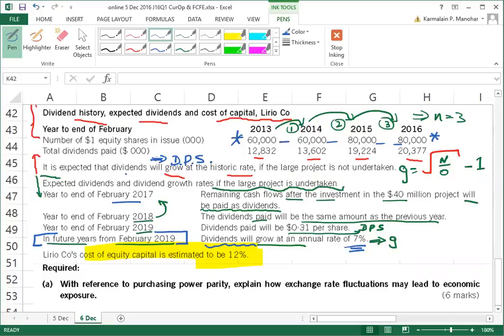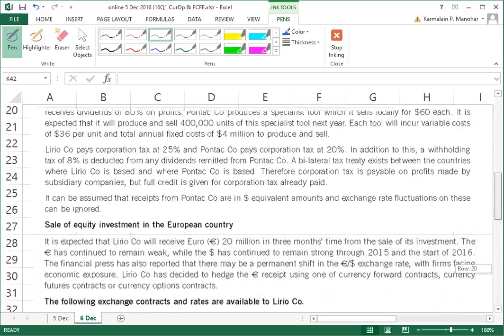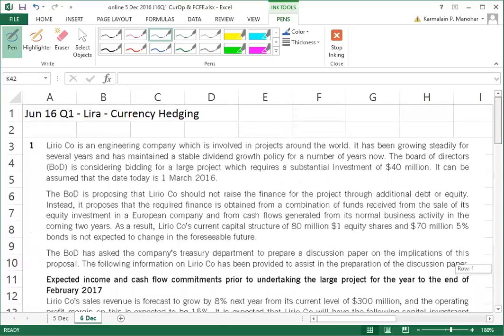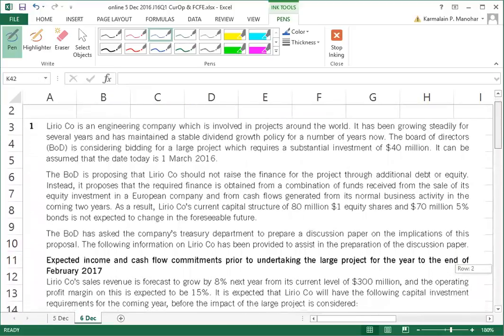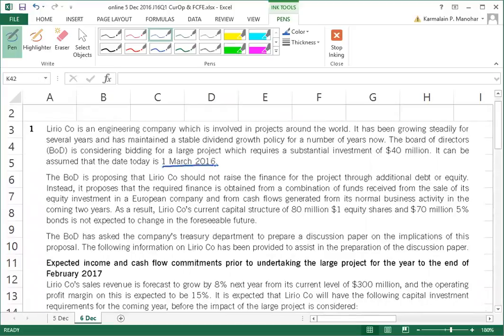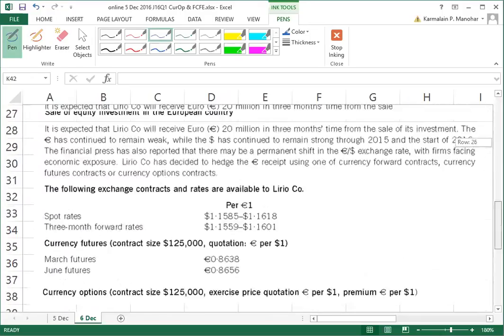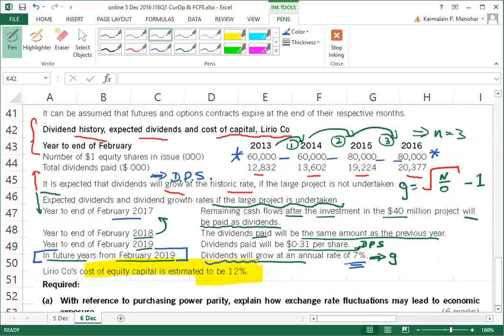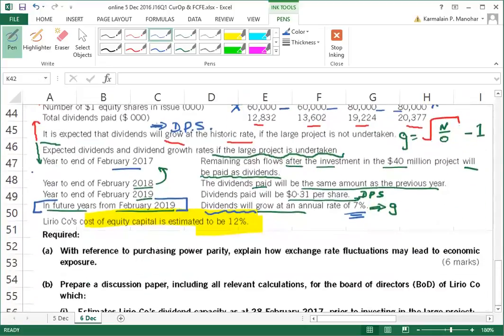But how many years is 2019 deferring from now? What is the current year? We were told somewhere. Today's date is 1st of March 2016. So we're currently in 2016. So how many years are we going to be doing this deferral? From 2016. Oh, I should write that further up.